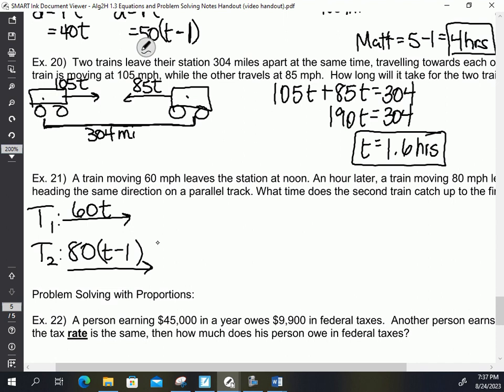Train two is now trying to catch them. So in order to catch them, they have to be equal to each other. They have to meet each other. So 60t equals 80 times t minus 1.